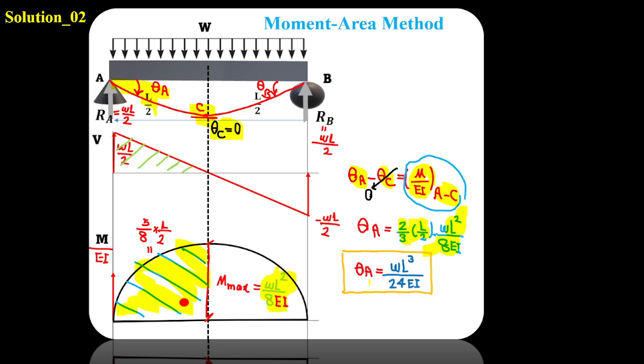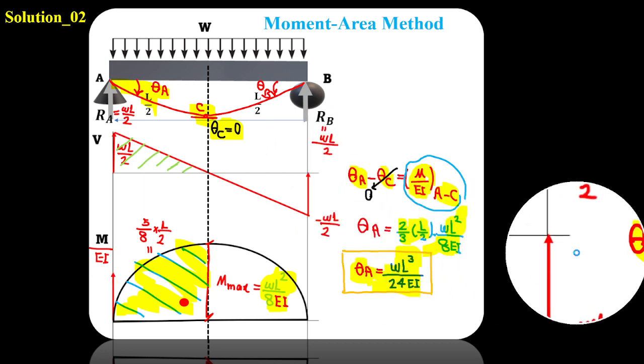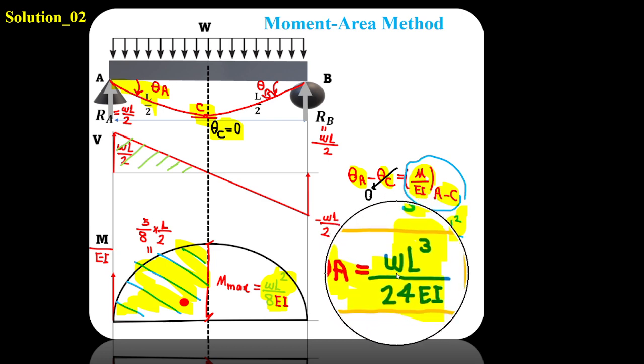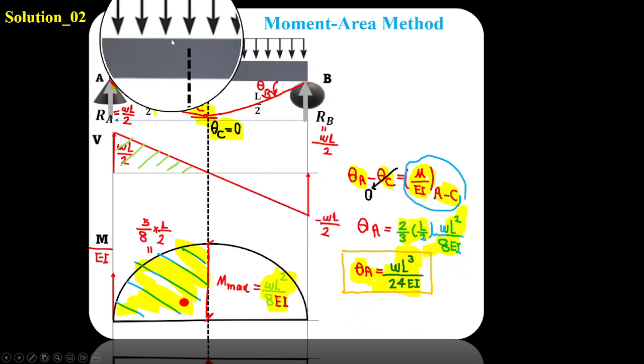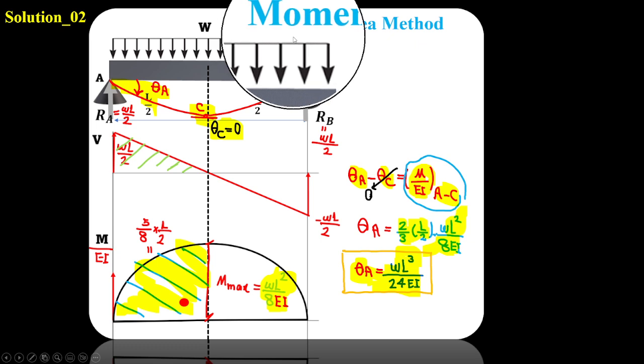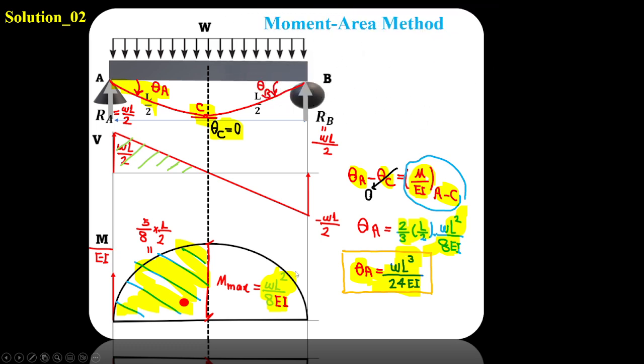If you do the math, it gives you wL cubed over 24EI, which is the same as the integration method. This is solution 2, the area method.